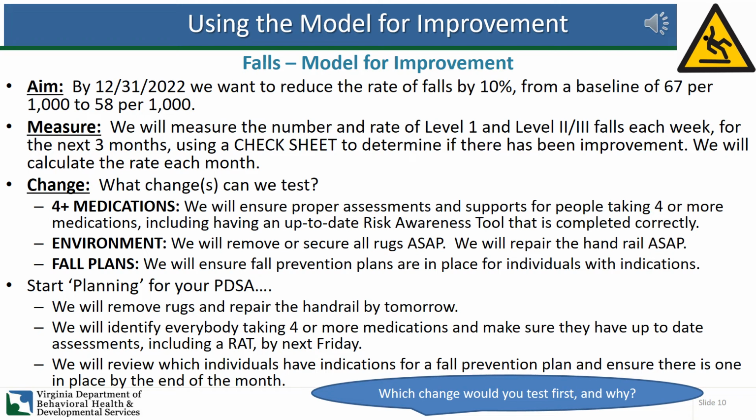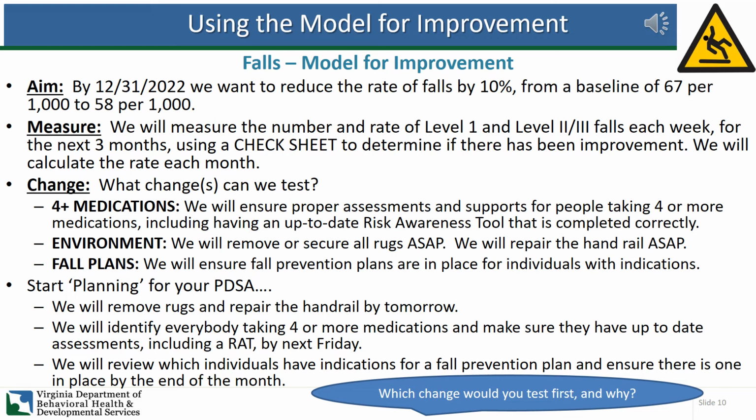For our measure, we're going to measure the number and rate of level 1 and level 2 and 3 falls each week for the next 3 months using a check sheet to determine if there's been an improvement. And we will also calculate the rate each month so we can track our goal toward our aim.